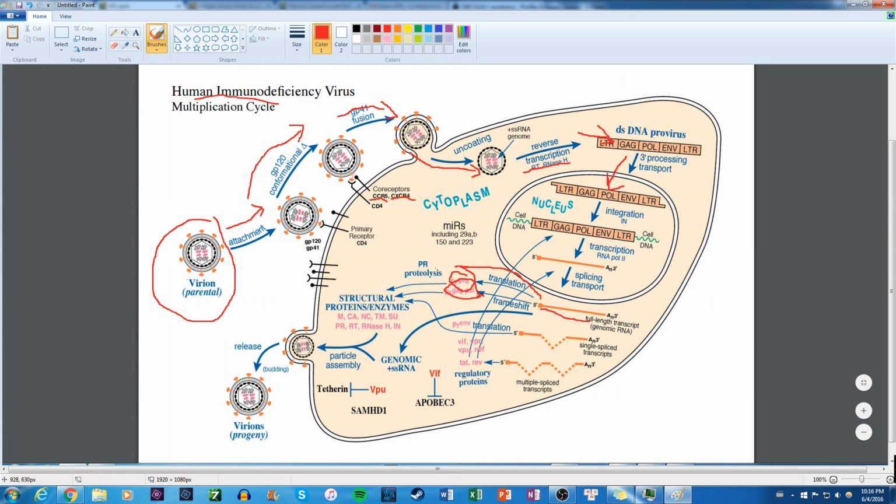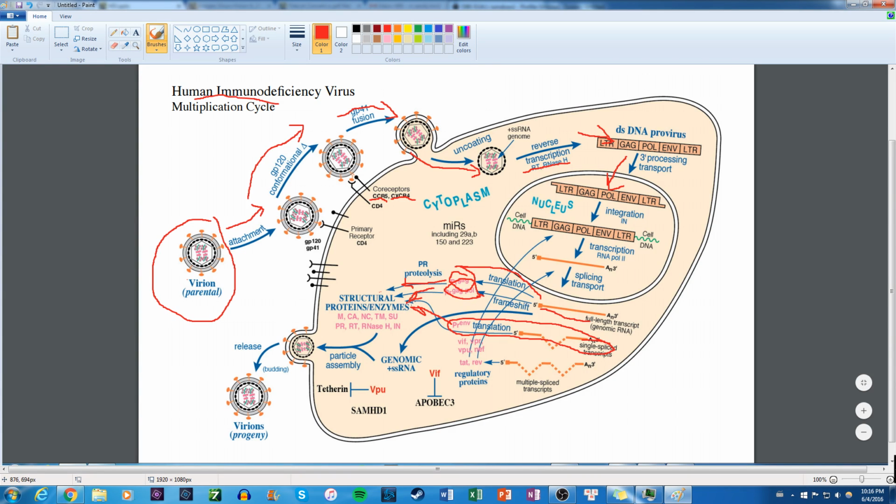Proteolysis, essentially protein maturation, with protease being the protein that helps mature these GAG and POL proteins. So they go there. Your envelope proteins encode your glycoproteins in your envelope.